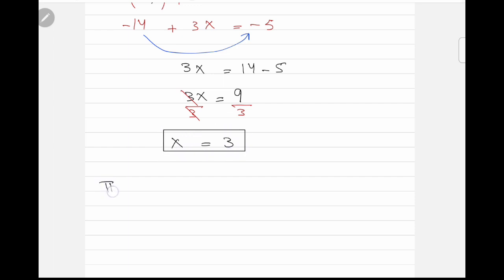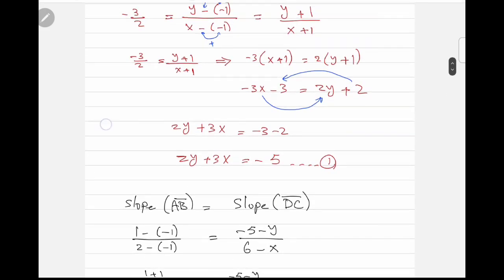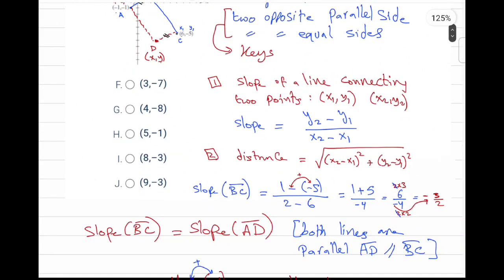So the solution, which is basically the fourth vertex coordinate, is the point D, which has coordinate 3 and minus 7. So if you go back, 3 minus 7 is the answer here. And that's it.